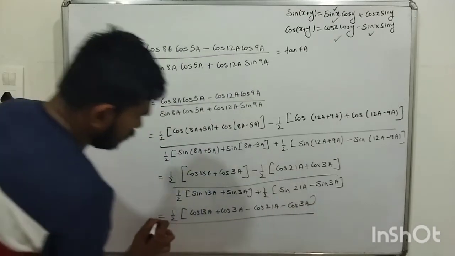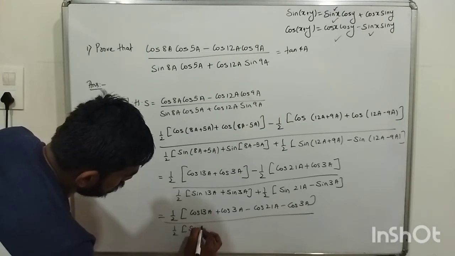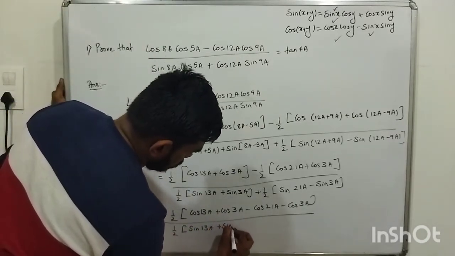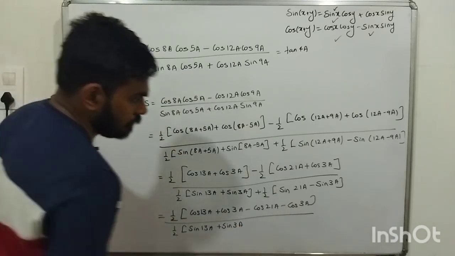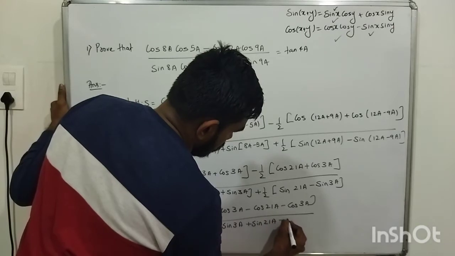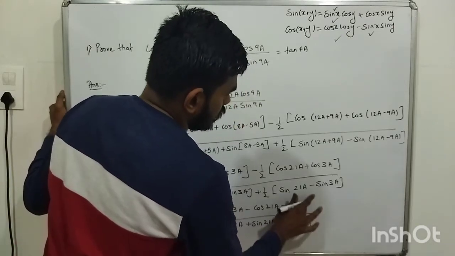And here also, in the denominator, you can take half common out: half of sin 13a plus sin 3a plus sin 21a minus sin 3a. So like this we get.